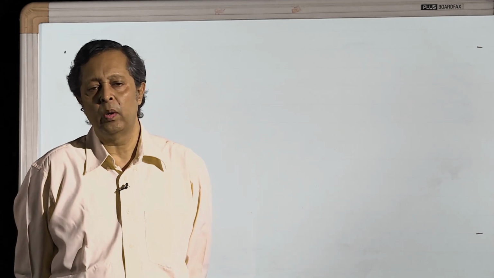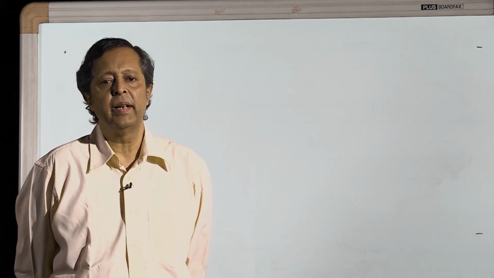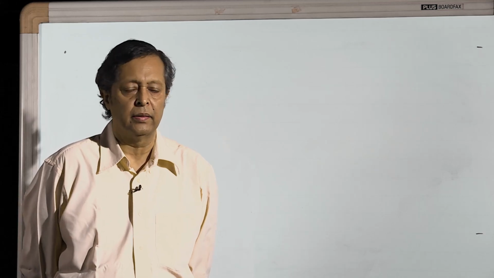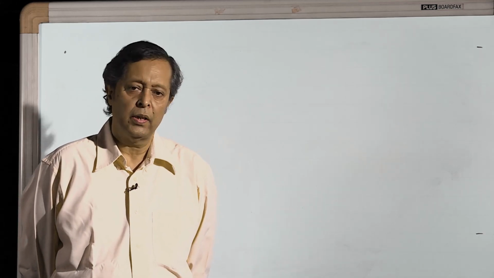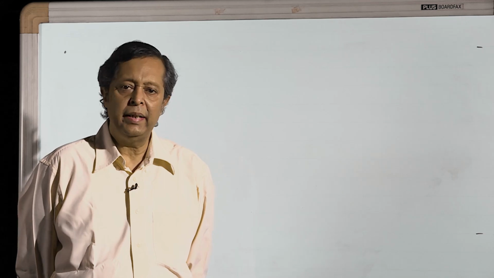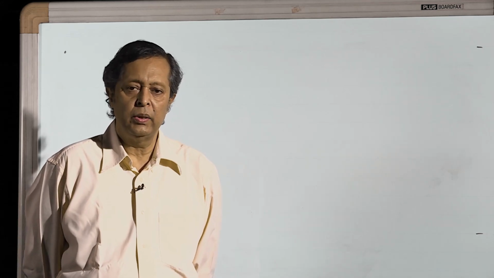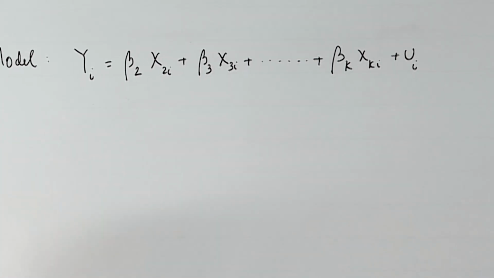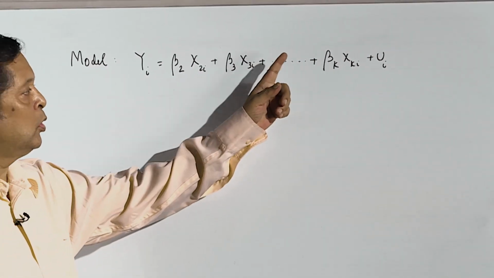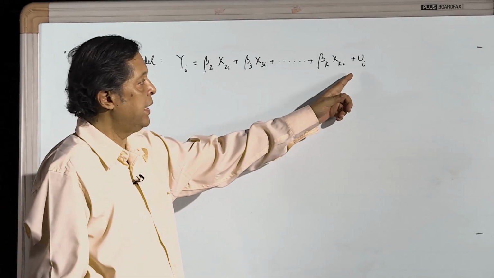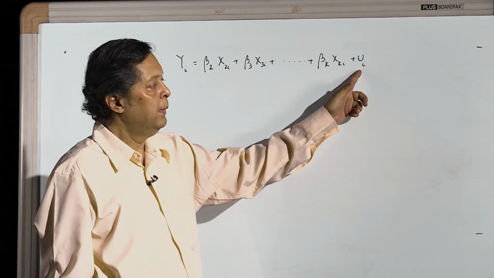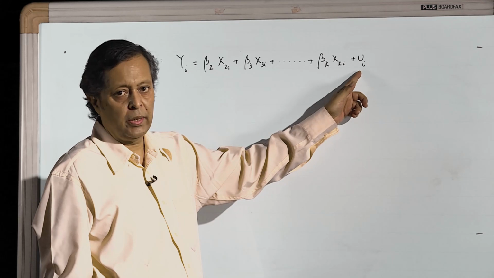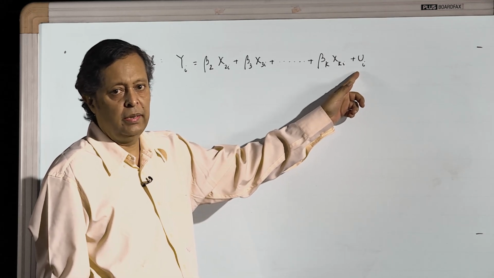Up until now, what we have done is we have included an intercept term in the regression. So, now for the first time we are omitting the intercept and we begin with the following model. You can see that y is being regressed on x2, x3 through xk, and there is a random disturbance term ui, which follows all the classical properties, all the assumptions of the classical linear model.